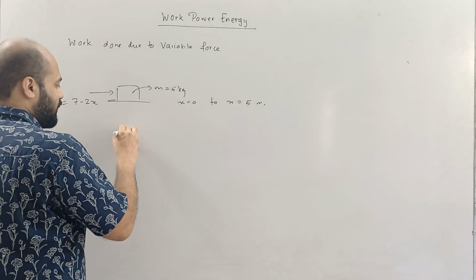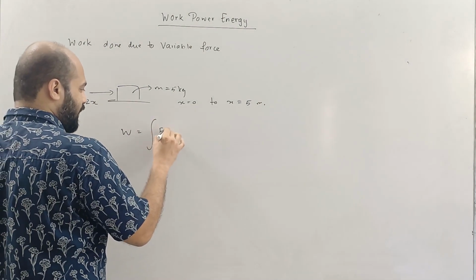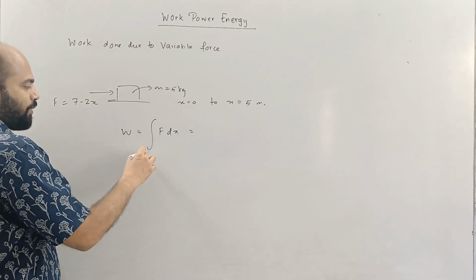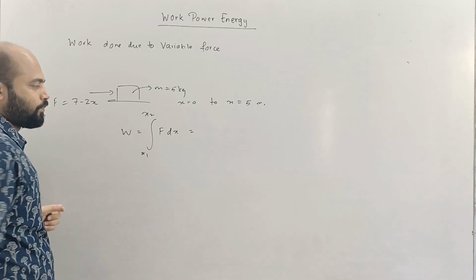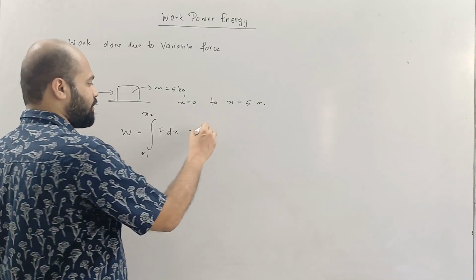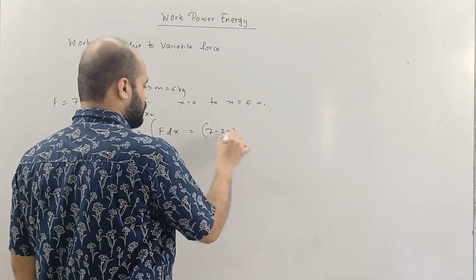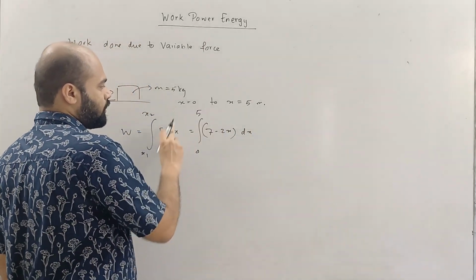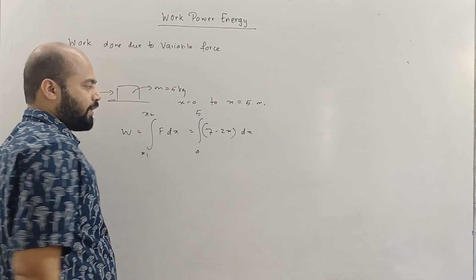So as per the definition that we have learned, work done is given as integral F dx, with limits x1 to x2. F is given as 7 minus 2x, dx from x1 to x2, which is 0 to 5.